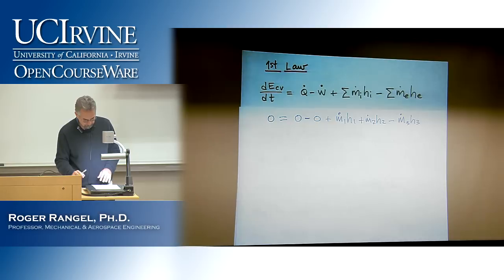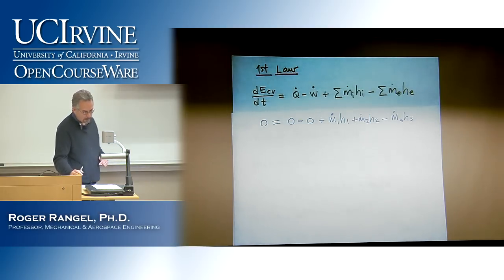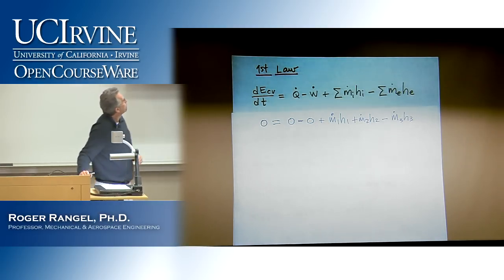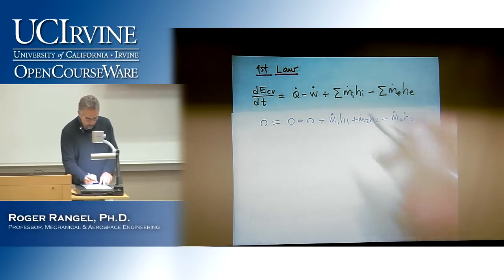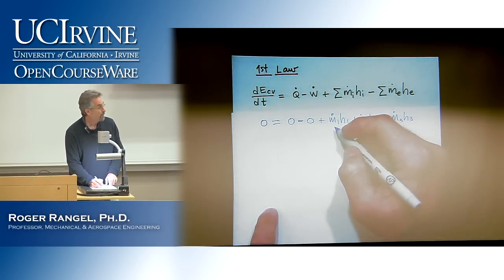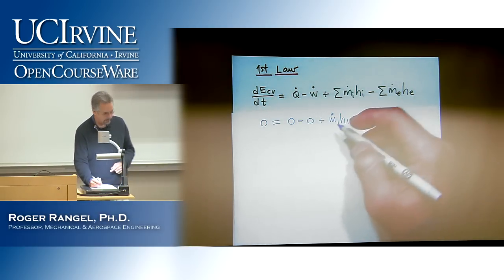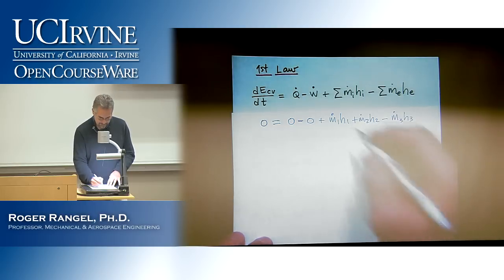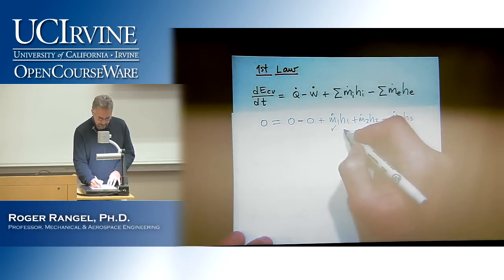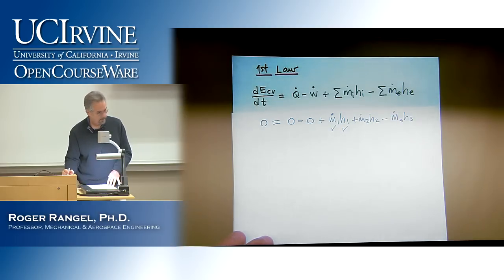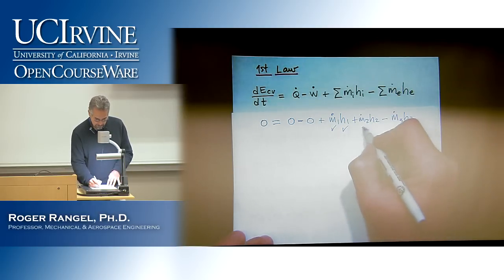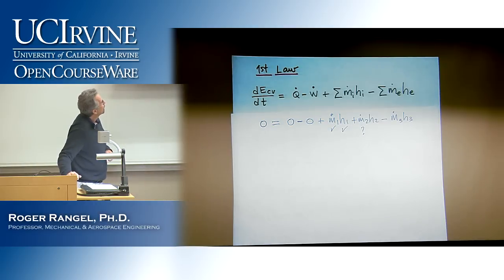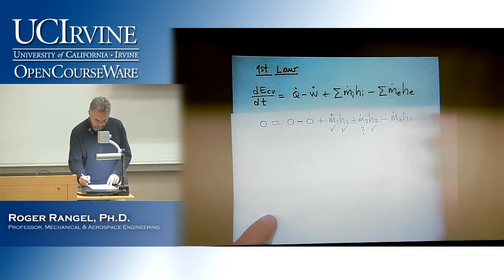All right? So what's known and what is not known here? M dot 1 was given. It was the flow rate of liquid, which was, I think, 5 kilograms per second. So that is given. H1 we read in a table. M2 is our unknown. H2 we read in a table.